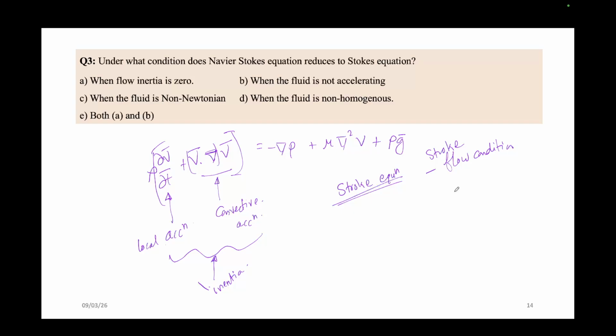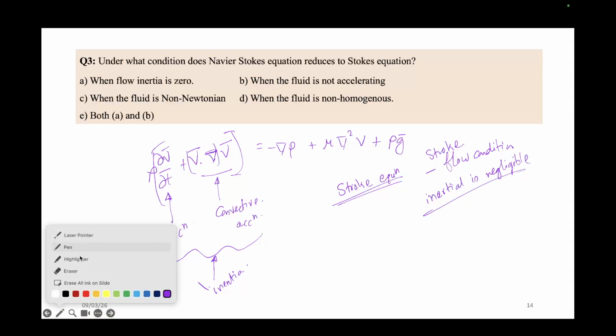What it states is that in the Stokes flow condition the inertia is negligible. Inertia is negligible basically means this first part should be zero.